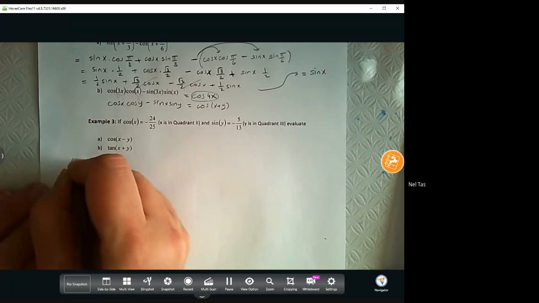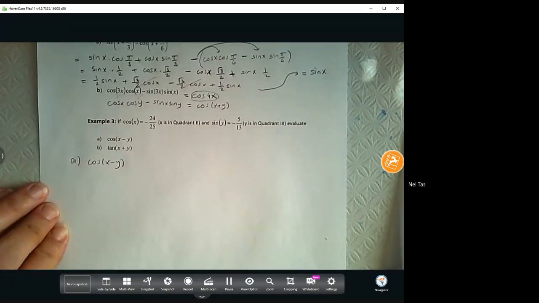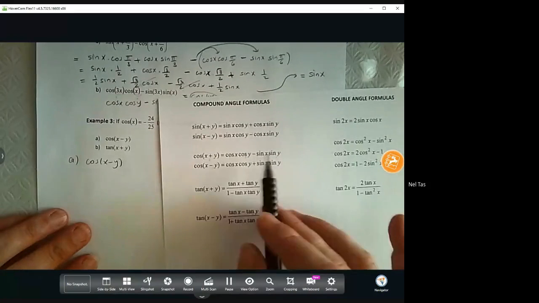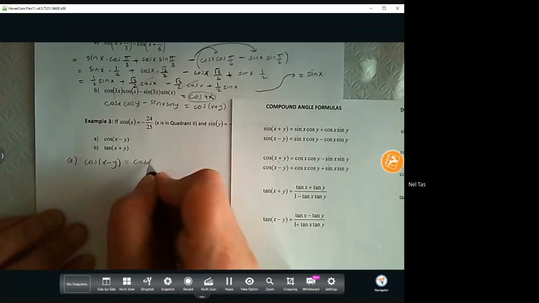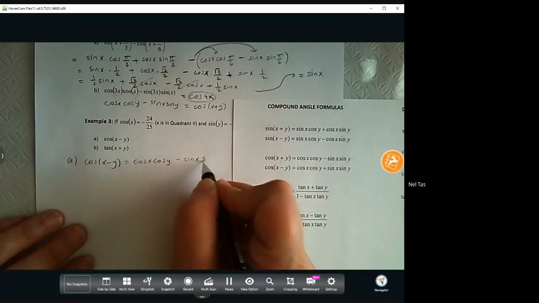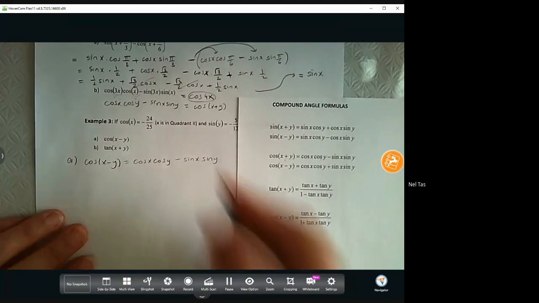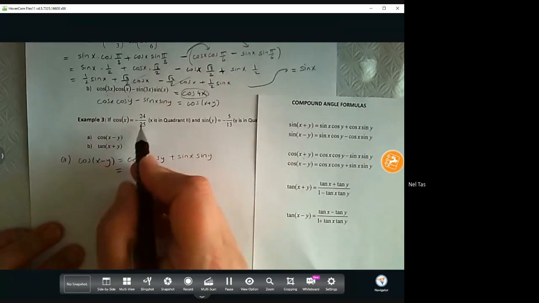Okay, so A, cos of x minus y. Let's write the formula. Cos x cos y plus sine x sine y. No, plus. Okay, so what is given to us?